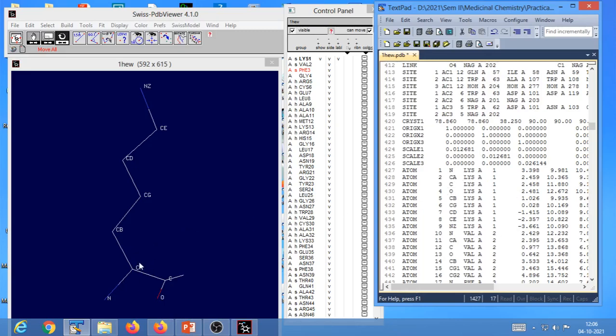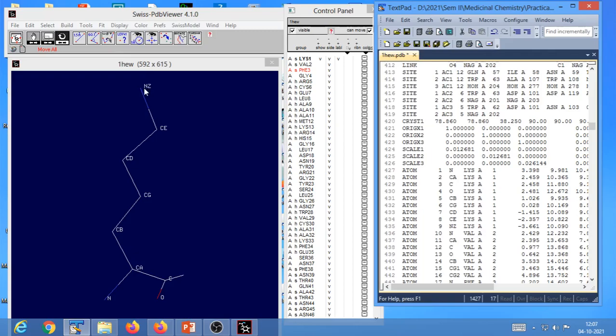To your C alpha carbon atom you have this C beta carbon atom, and this C gamma carbon atom, which is represented over here. Then you have the C delta carbon atom, which is represented over here at the 7th position. Then you have the C epsilon carbon atom. And at the end of any lysine molecule there is a nitrogen atom, or amino group, that is present over here.